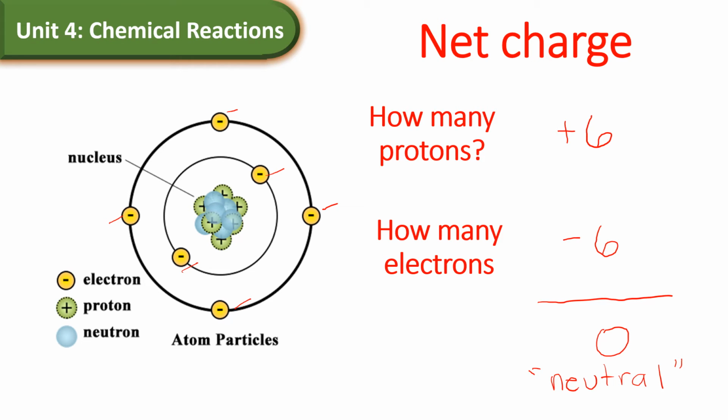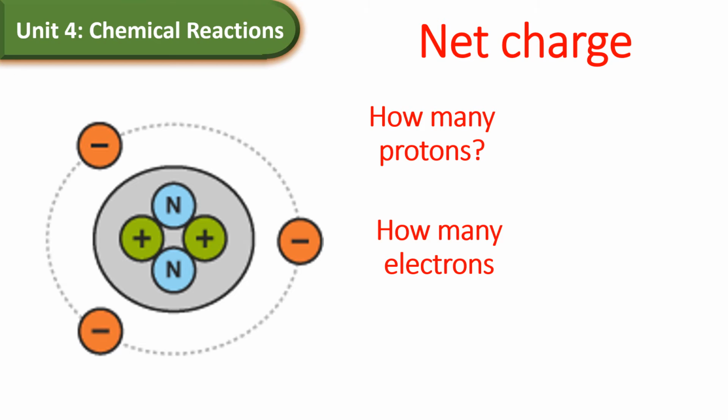If an atom does not have charge, it is neutral. Now let's go to our second example. How many protons are there? Okay, very good. There are 2 protons. What is the charge? It's positive. How about electrons? We have 1, 2, 3 electrons, and the charge is negative.